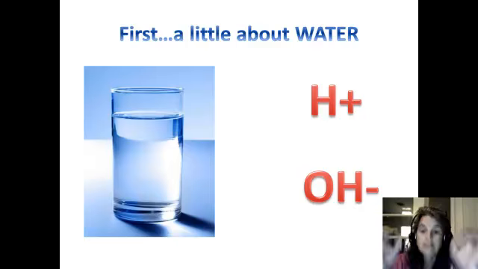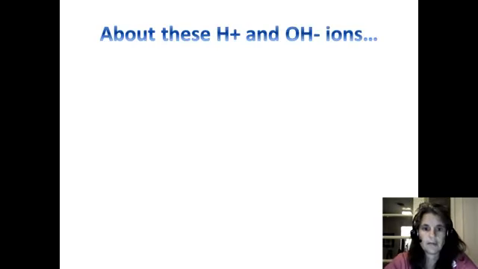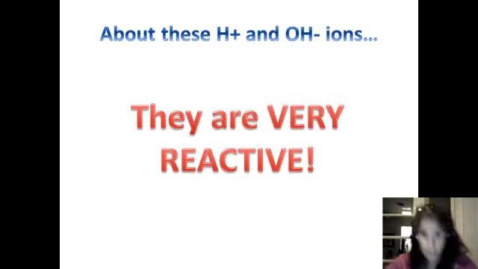But when it is disassociated like that, the hydrogen ions and the hydroxides are both very, very reactive. Extremely reactive, extremely eager to engage in chemical reactions with other molecules.